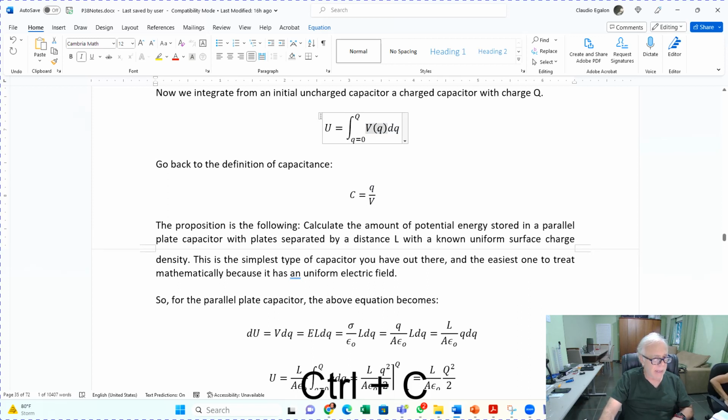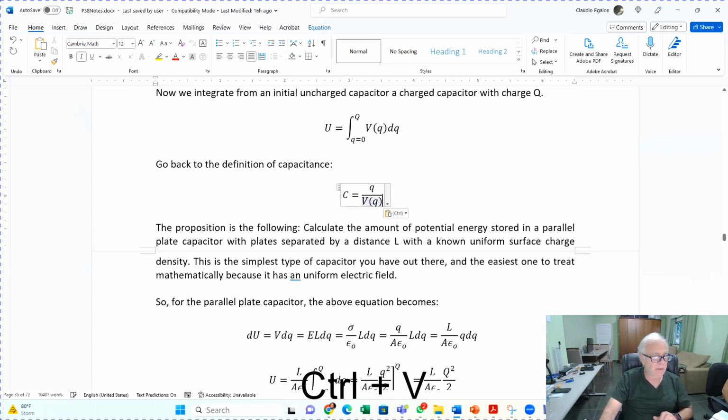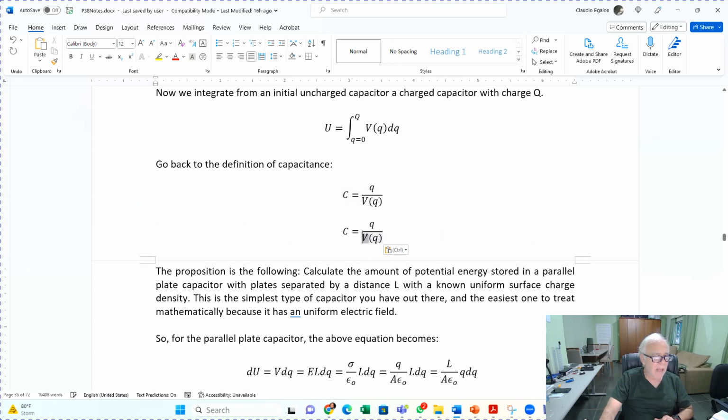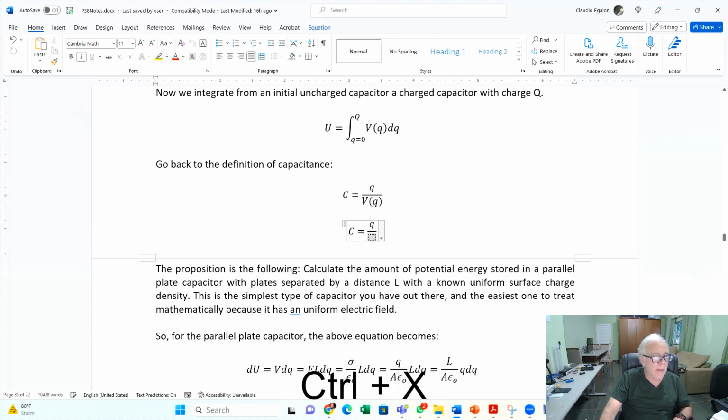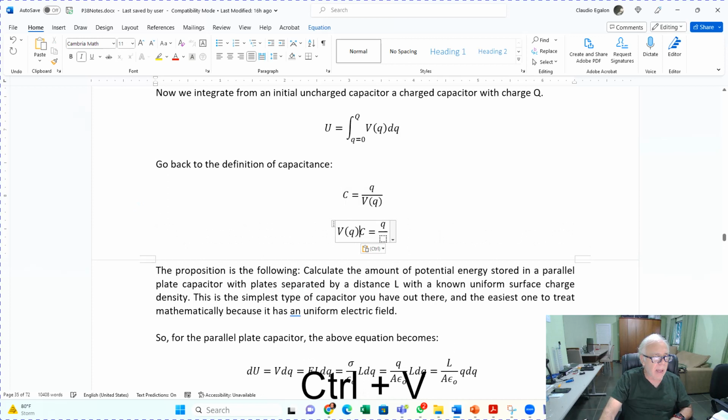Don't forget that this V here downstairs is a function of the charge. And using this definition of capacitance, we can write our electric potential in terms of the electric charge in the capacitor and a parameter that is constant for the capacitor.